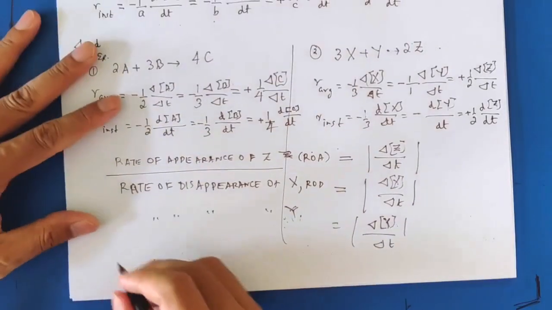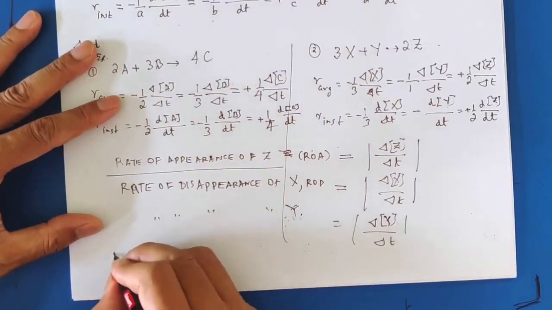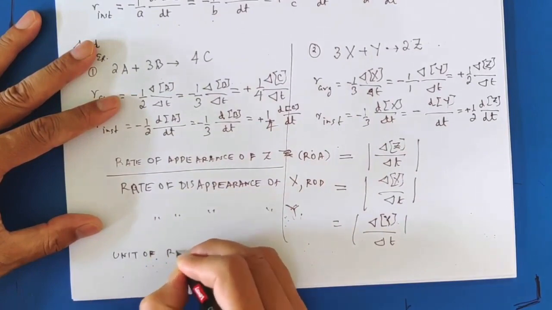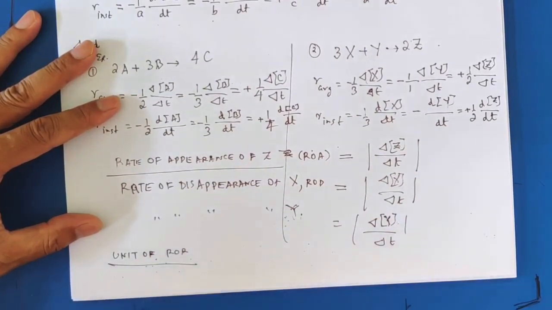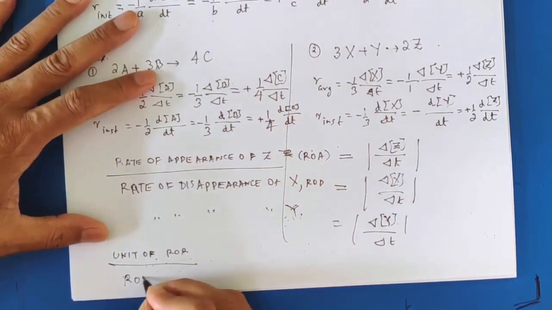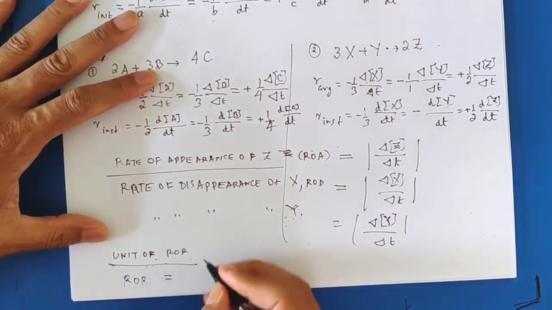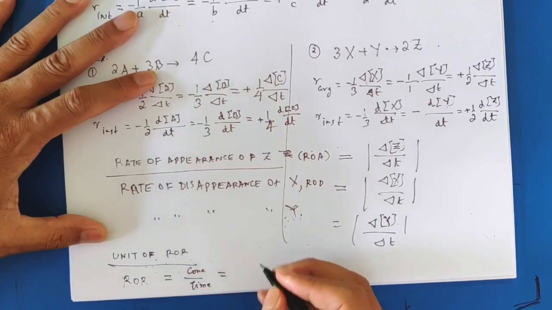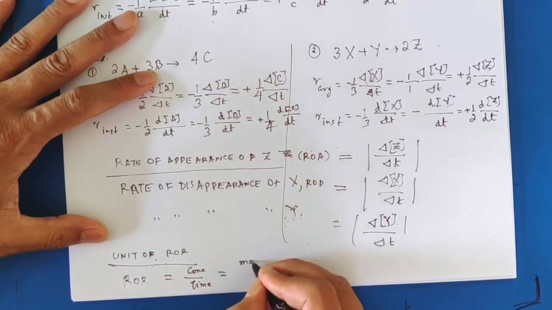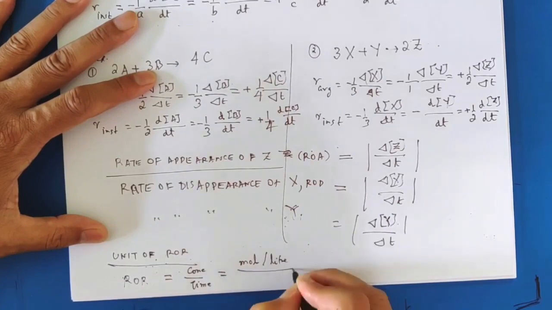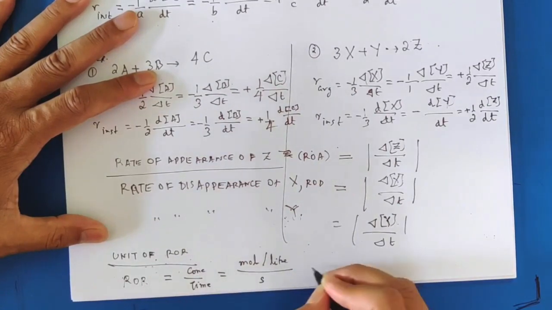Okay, good. Now we know the unit of rate of reaction. Rate of reaction by definition is change in concentration per unit time. Concentration is mole per liter, time is second.